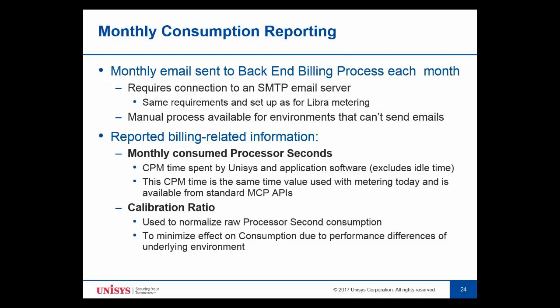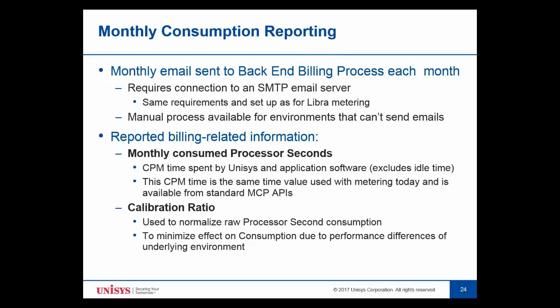And you might be asking, well, what does this mean? What this means is, for example, if you're running your MCP Gold in a hypervisor environment like VMware or Hyper-V, and you were to vMotion MCP Gold from a server that was comparable to the reference architecture over to something that is less performant, you would not want to pay for extra CVUs in order to take advantage of moving your environment as needed to give perhaps another application more resources.